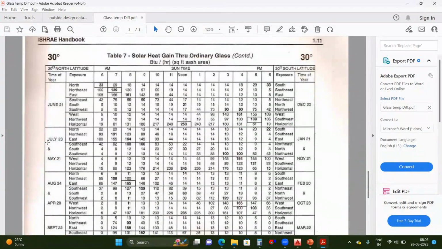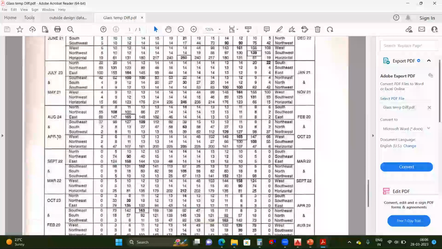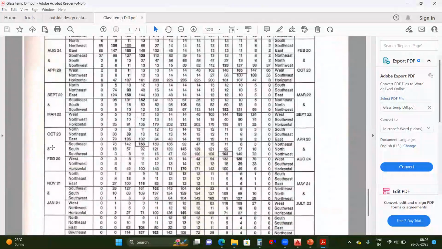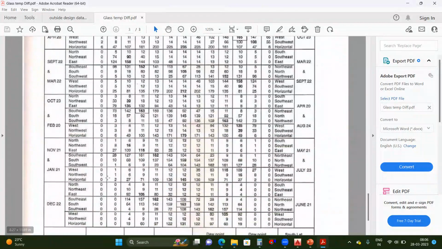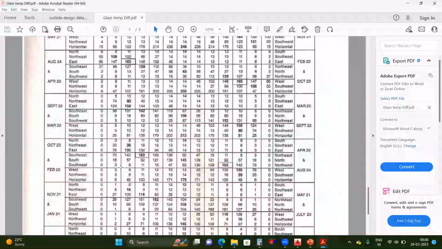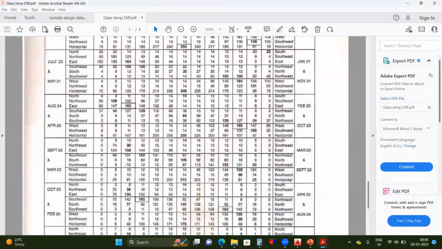Here also we have so many values: June 21st, July, May, August, April, the entire year has different values. If you remember, we are doing the calculation for the summer condition.